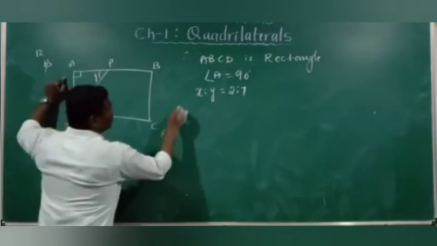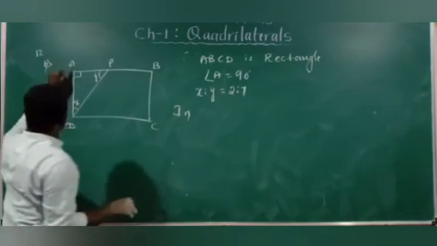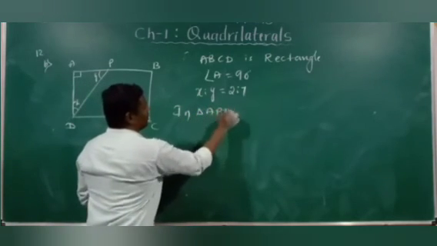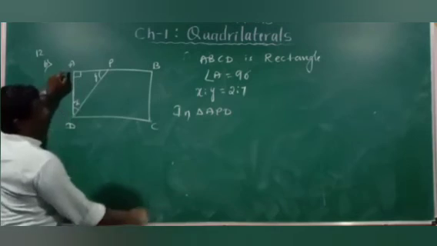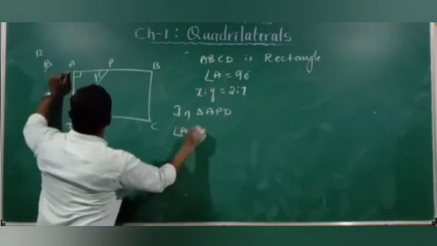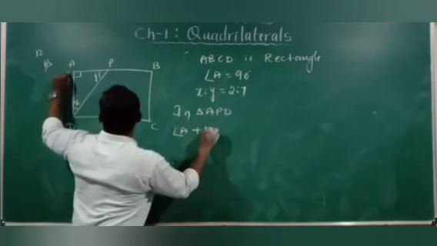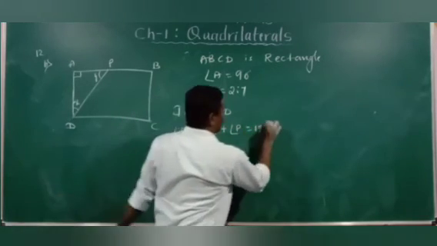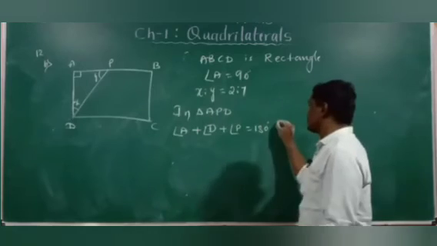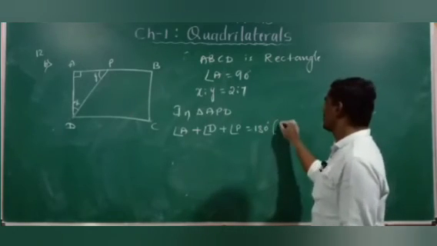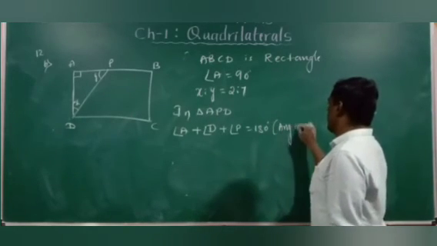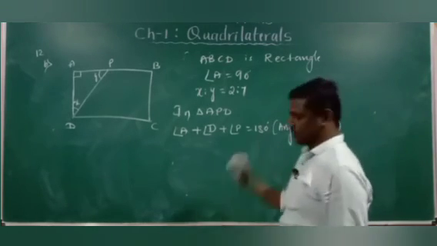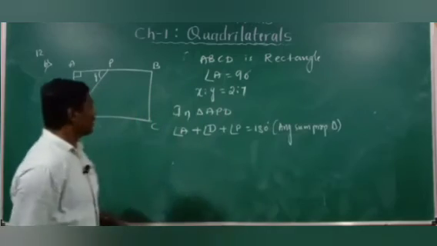So directly consider triangle APD. In triangle APD, angle A plus angle D plus angle P is equal to 180 degrees, because these are the three angles of the triangle, by the angle sum property of a triangle.